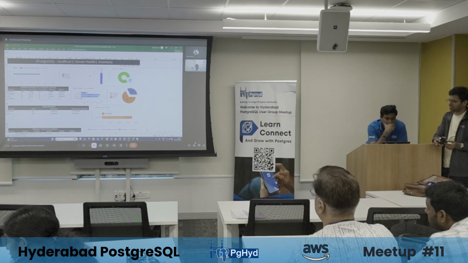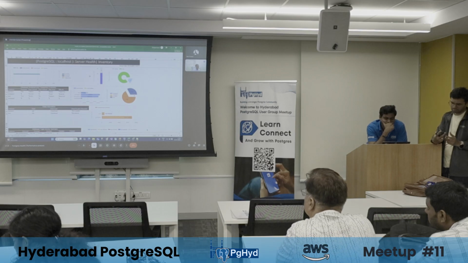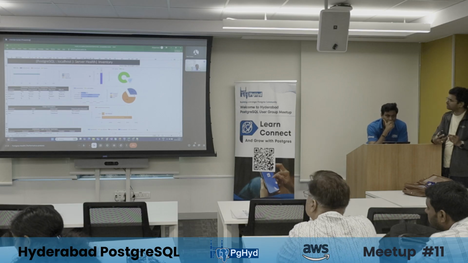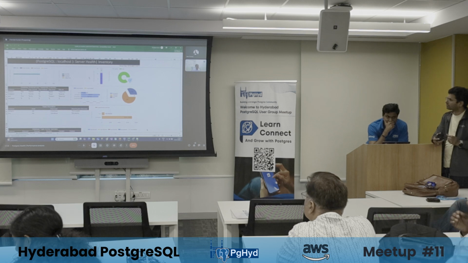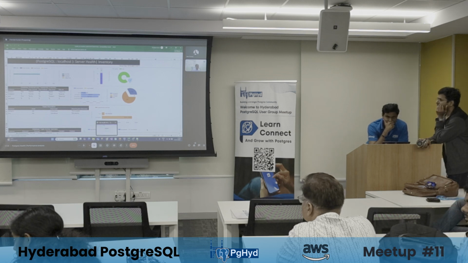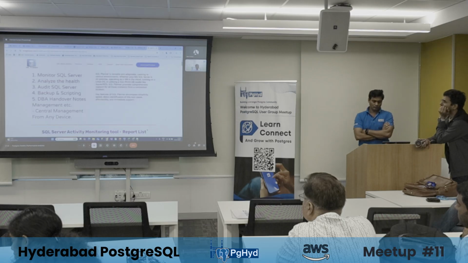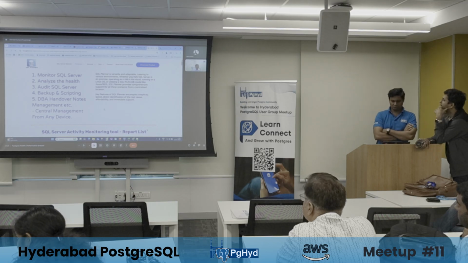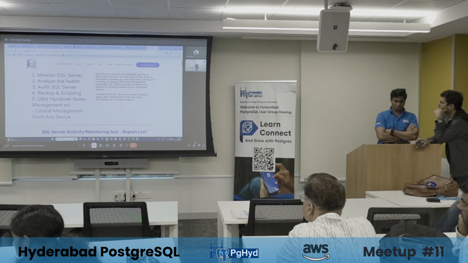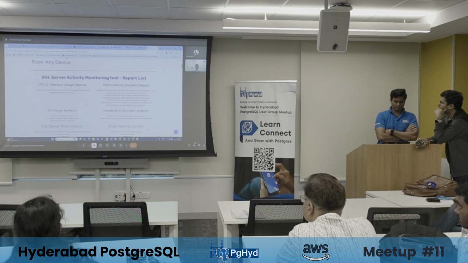Everything will be picked from there, and it will store everything in the Excel sheet. Now, I have another tool, which is for SQL Server. This is called SQL Planner, which is very advanced, and it has the capability of doing trend analysis, auditing, and analyzing health. It also sends you alerts, and this is mainly for SQL Server.